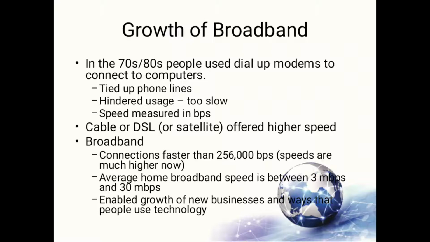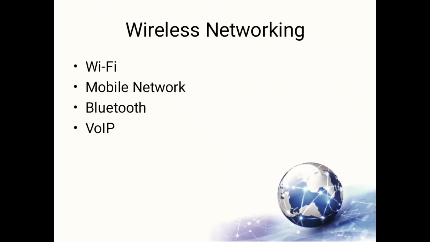Speeds are much higher now. Average home broadband speed is between 3 Mbps and 30 Mbps. It enables the growth of new business and new ways that people use technology.